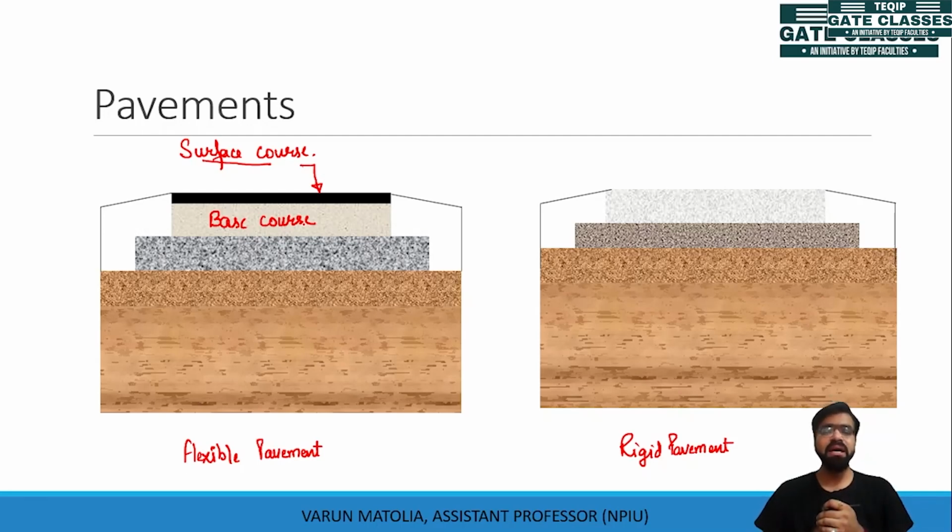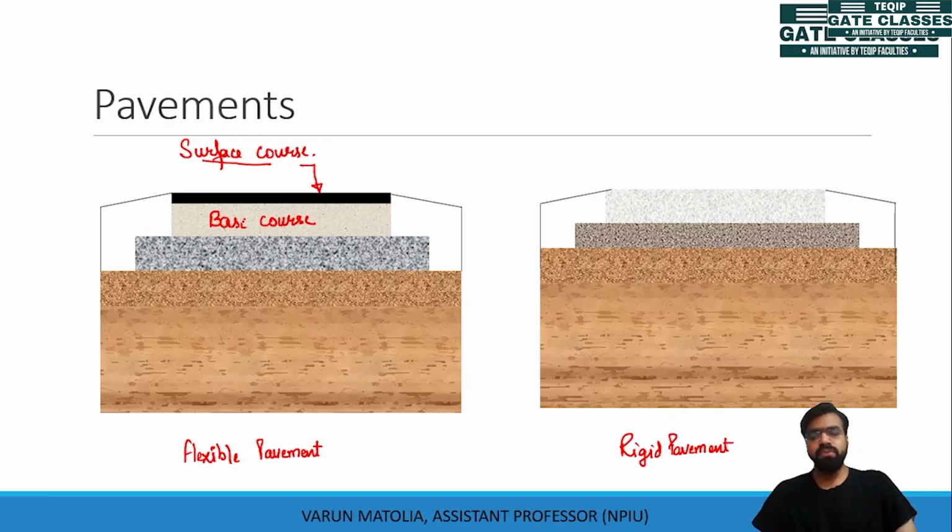We have made arrangements of camber to flow off the water which is coming from rain. But if some water remains on the surface, it will move through the base course. We don't want any water to remain on the surface because the surface will get deteriorated with the presence of water.